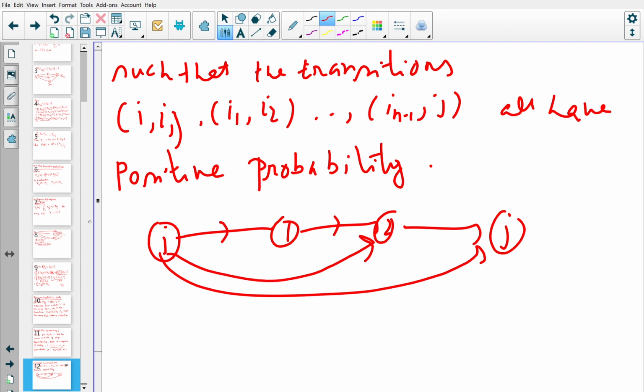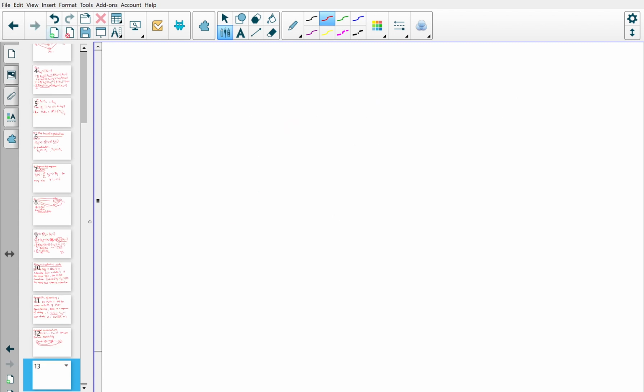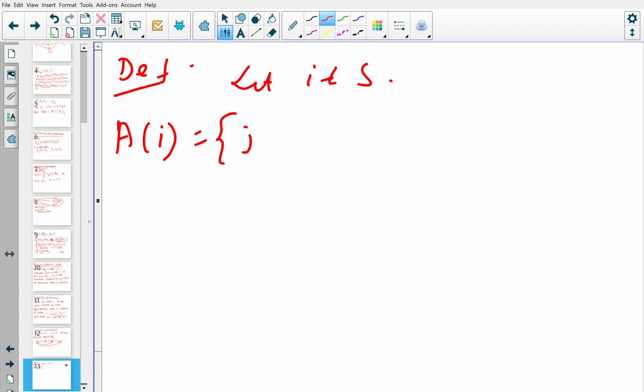Okay, now we define another definition. Let i belong to S, so one state. We define A_i. So what is A_i? A_i is the collection of all j such that R_ij(n) is greater than 0 for some n.